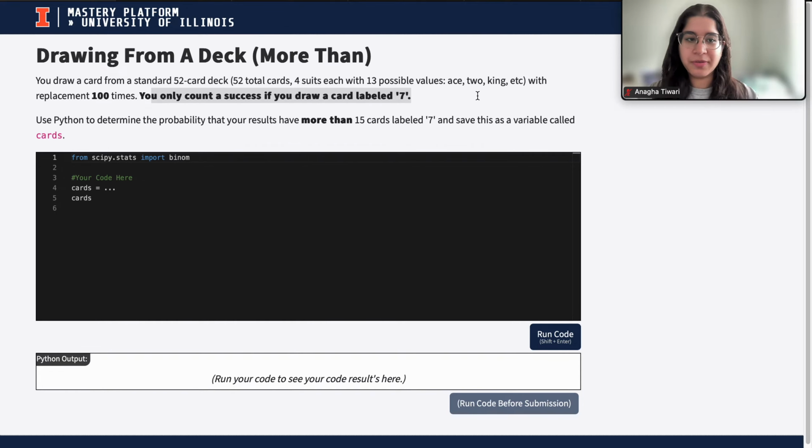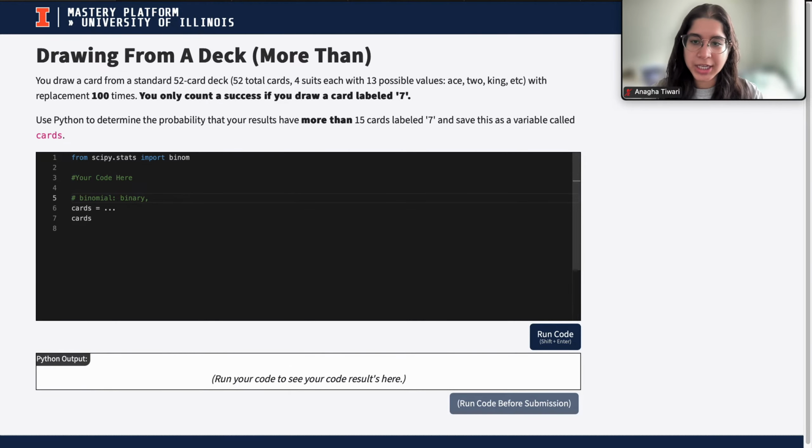So, first of all, before we read the rest of the question, let's identify and define our distribution. We know that we're dealing with a binomial distribution because our output is binary. A failure is any card other than a 7, and a success is that I draw a card that is a 7.